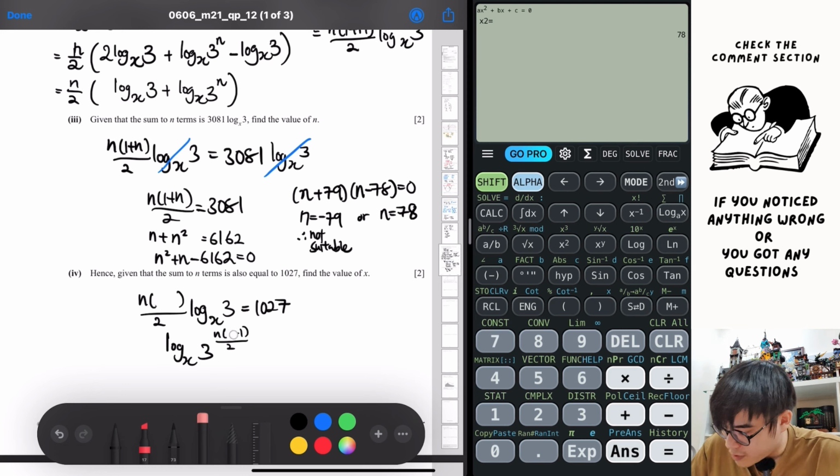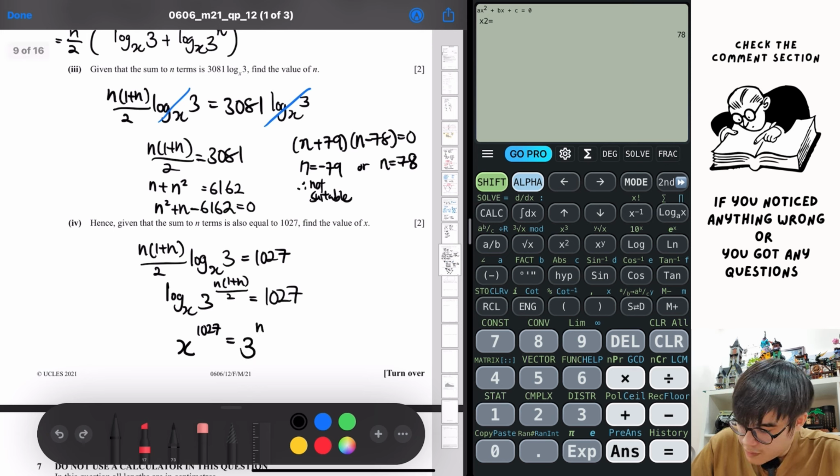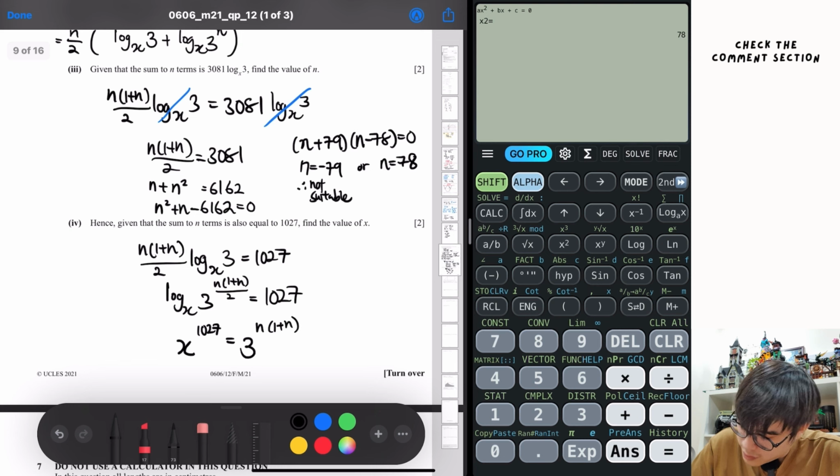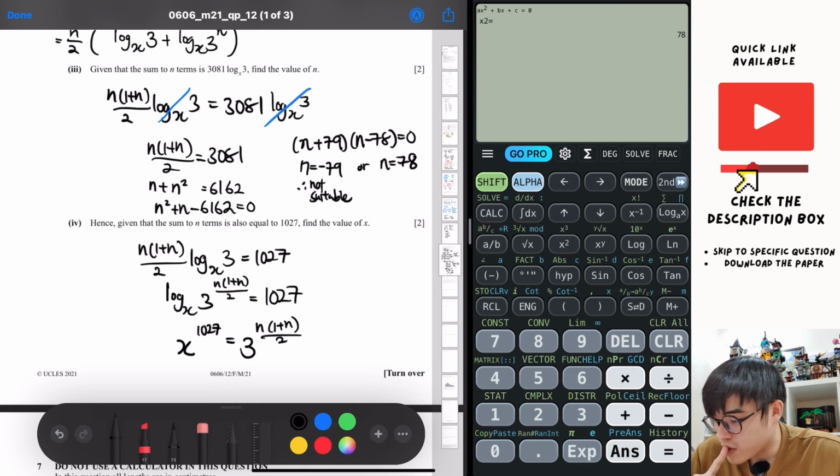So if I follow the arrangement that I have, then I should write 1 plus n equals 1027. So transform this back into indices format. So we have x as the base, 1027 equals 3 to the power of n(1 plus n) over 2. So from here we should be able to trace the results now.